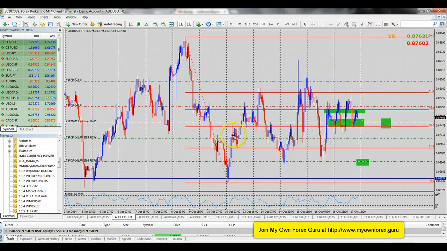So if we look at 23.6, we see that this area is an area where things are happening. Same with 38.2, we see things are happening right here. So that's really what Fibonacci is good for.